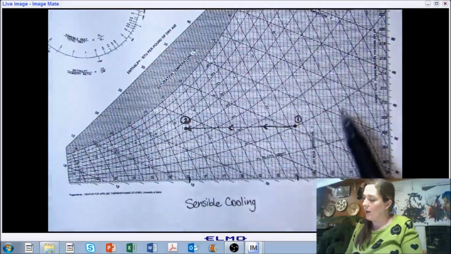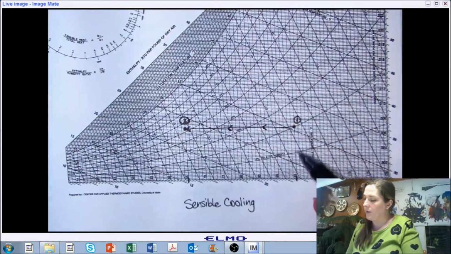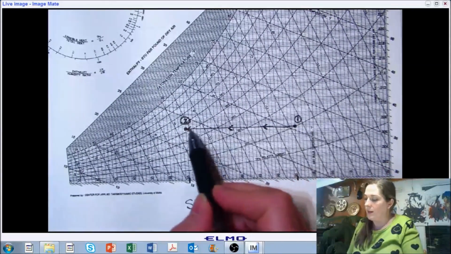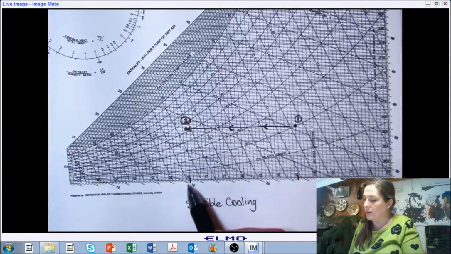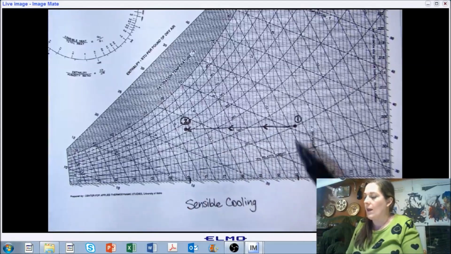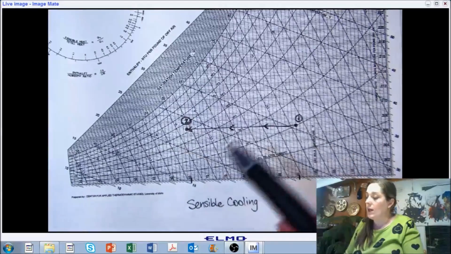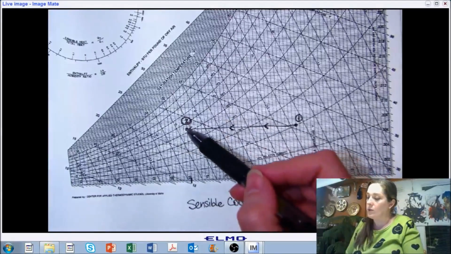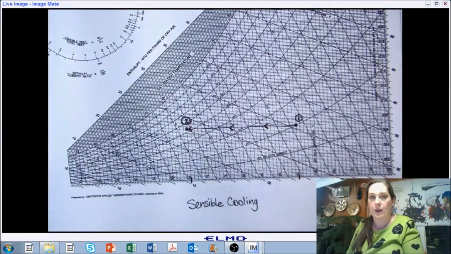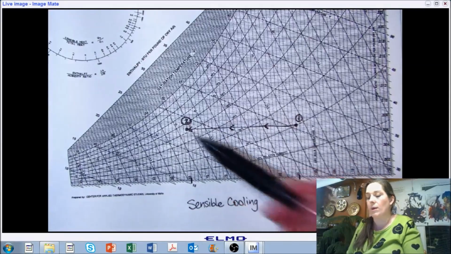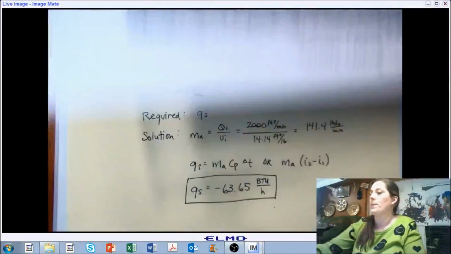Same thing again, find the 95 degrees, go up to 20%, draw a horizontal line to get to your endpoint at 65 degrees Fahrenheit, and from there you can read the properties that you need. Once you get a second point, you can use a calculator to get the rest of them. So you can read them off the chart, or you can use a calculator.